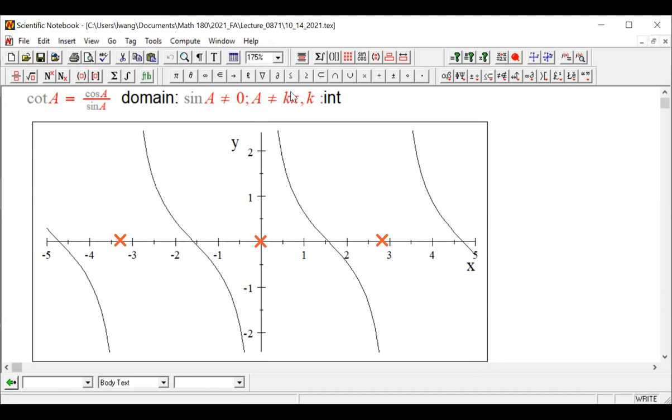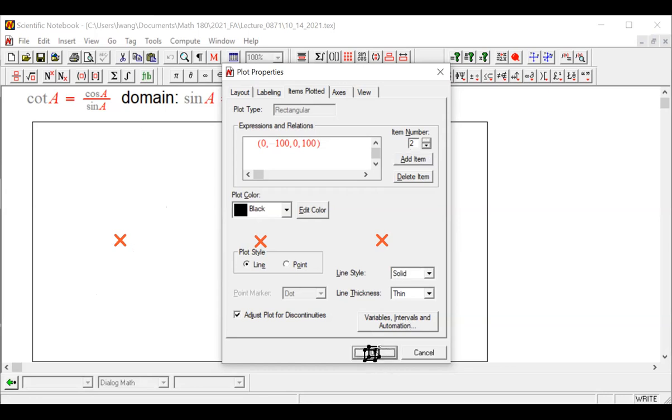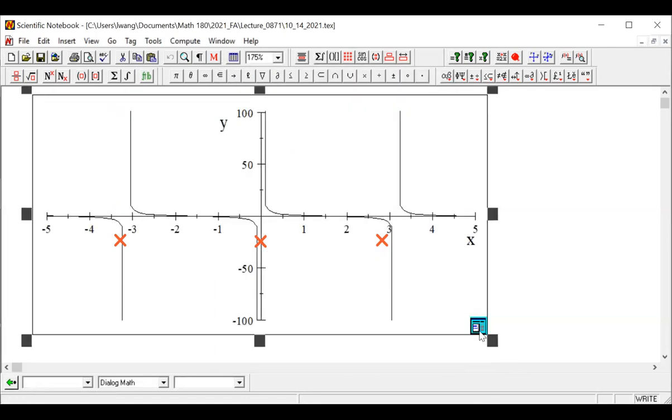Okay, so I'm drawing those. These times the vertical asymptotes are not at odd multiples of pi, but at k pi. So that's one of them.